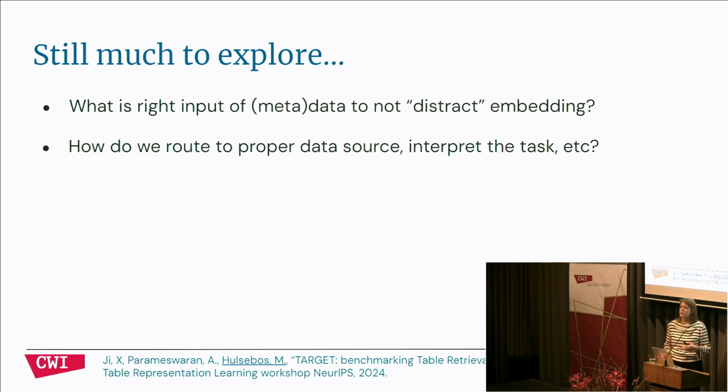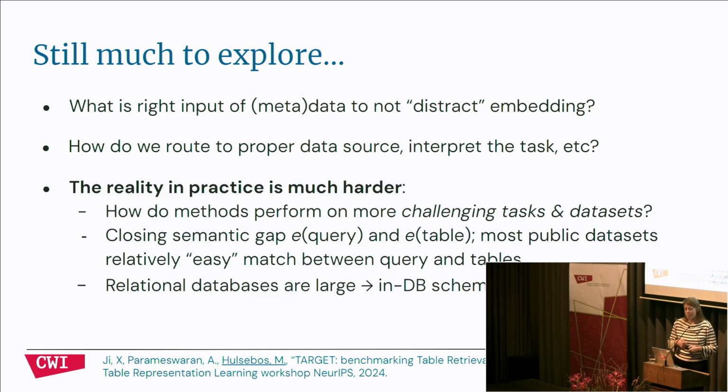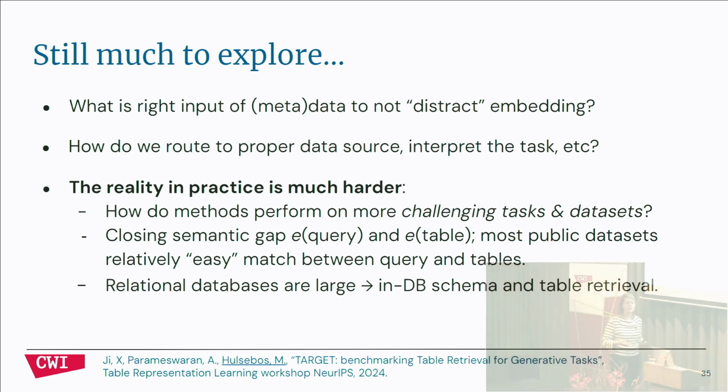Sometimes we also need to use knowledge graphs or documents or whatever. And then something that I'm really excited about is that in practice and in reality, things are just much harder. So how do methods actually perform on more challenging tasks and data sets? But also, how can we close the semantic gap between the input queries and the documents, being tables, for retrieval systems?